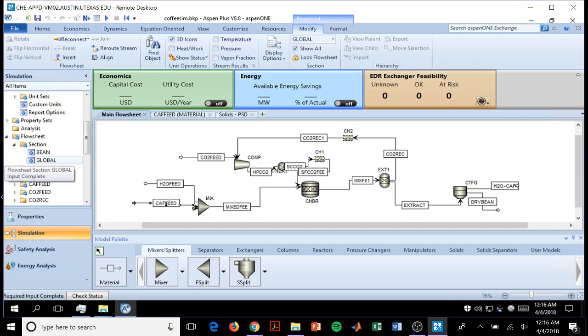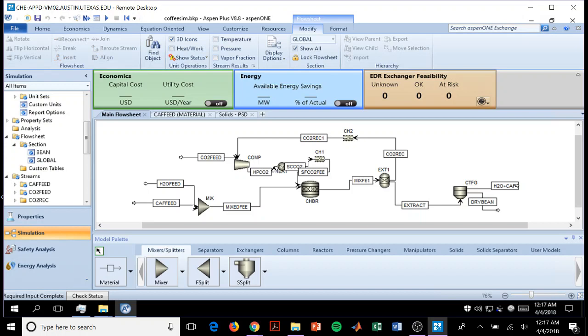What I did is I created two parts. One of them was bean and one of them was global. The global is going to accept all the conventional and mixed classes of streams, and the bean is going to accept all the streams that have to do with non-conventional solids like our coffee beans.